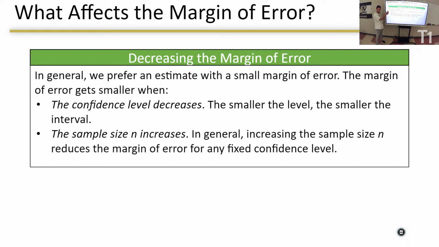So they're only going to talk about one of these things. Or they might ask, what are 2 ways I can decrease this interval? Increase my sample size, decrease my level. Y'all okay?